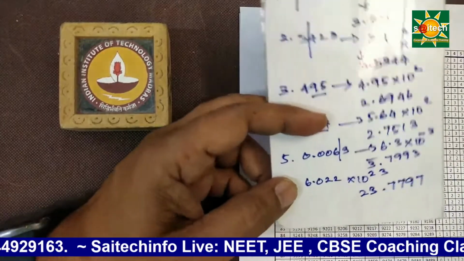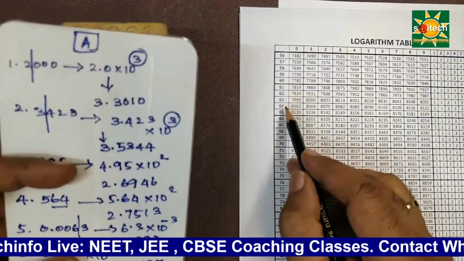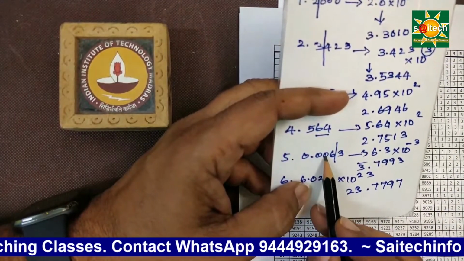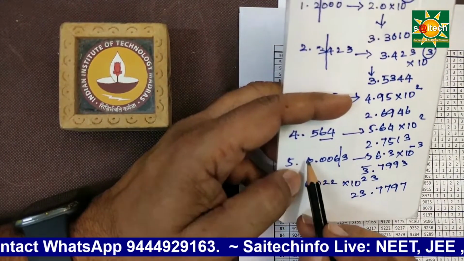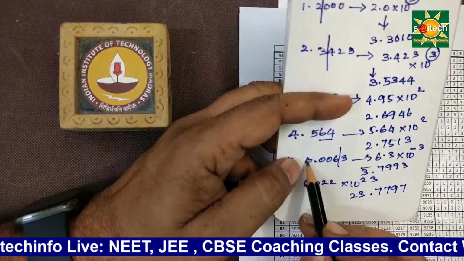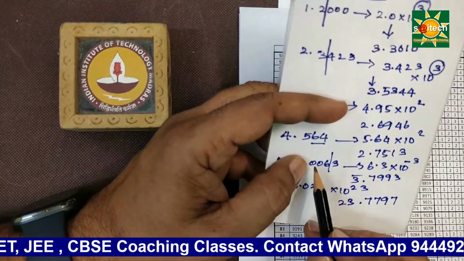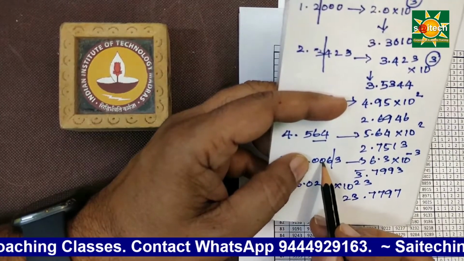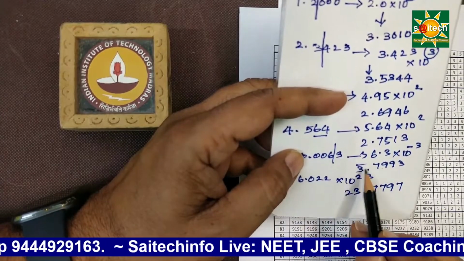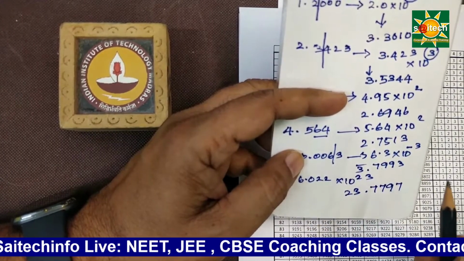Log 63 is 7993. So ignore this 0, and there are 2 zeros after the decimal point, which means 3 bar. So 3 bar 0.7993.